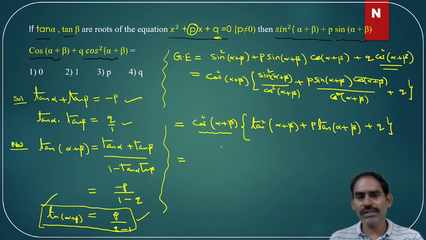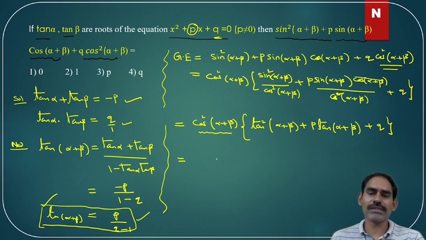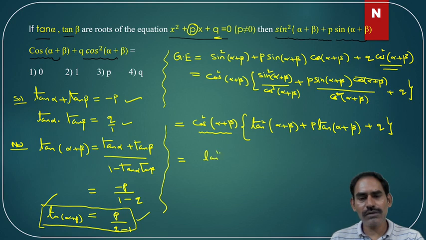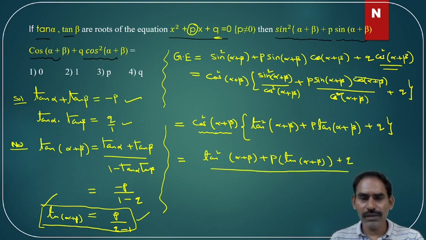How? First of all, cos square theta is 1 by secant square theta. Secant square in terms of tan is 1 plus tan square. So the expression is tan square (alpha plus beta) plus p into tan(alpha plus beta) plus q, divided by secant square (alpha plus beta), since cos square means 1 by secant square.